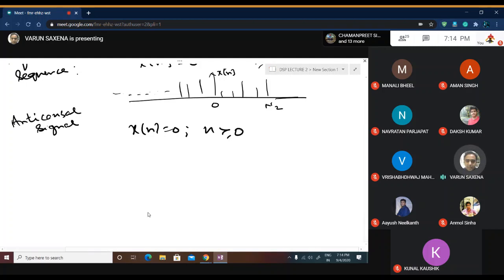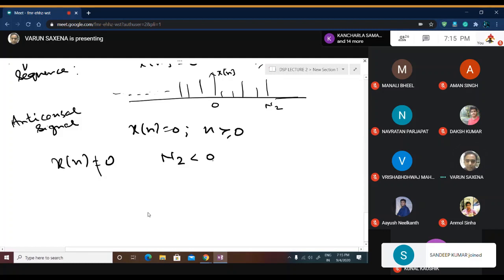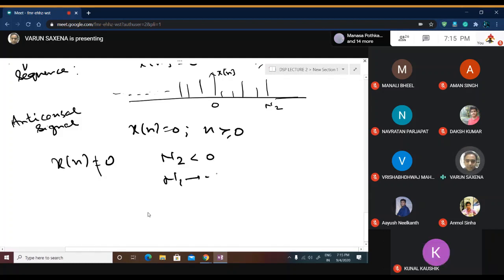Acha, now I ask all of you a question. Suppose there is a sequence x[n] that is not equal to 0, with n1 tending to minus infinity, and n2 is less than 0.